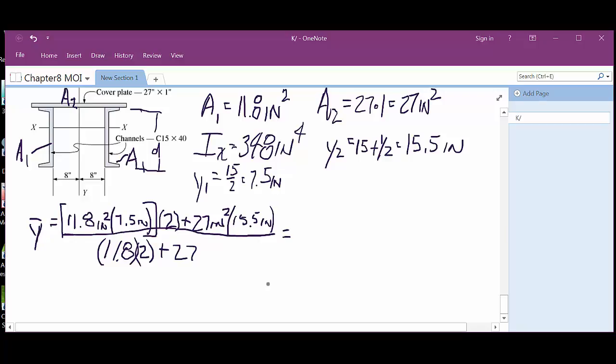It should come out to 11.77. That's correct, because the square inches cancel out. 11.7 inches is what you're looking for, the distance from the base up to this x axis. 11.76. Okay.